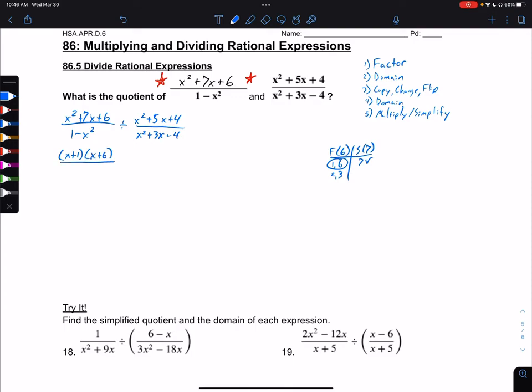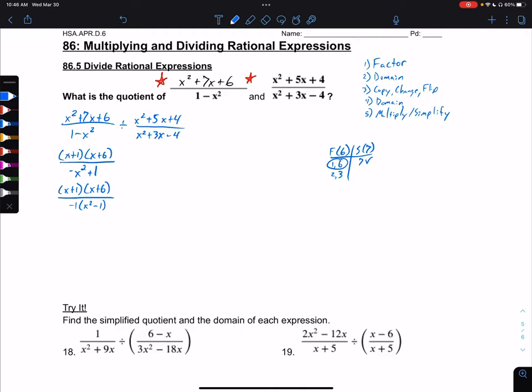My denominator, I have 1 minus x squared. I want to put that in standard form first, so I'm going to do negative x squared plus 1. Then I notice that my leading term is negative, so we want to factor that negative out. So we would do negative 1 times x squared minus 1.